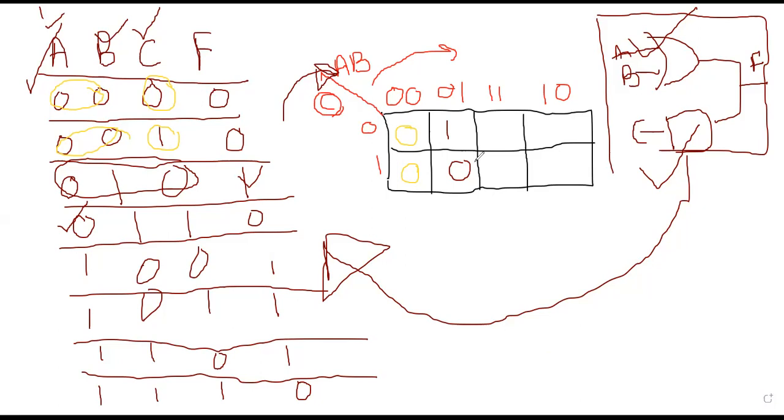So now the map simplification. How to basically simplify two adjacent cells or more than two adjacent cells. Let's start with two adjacent cells. This is the major topic to understand. Let's say I have a block circuit like that, 2 cross 2.